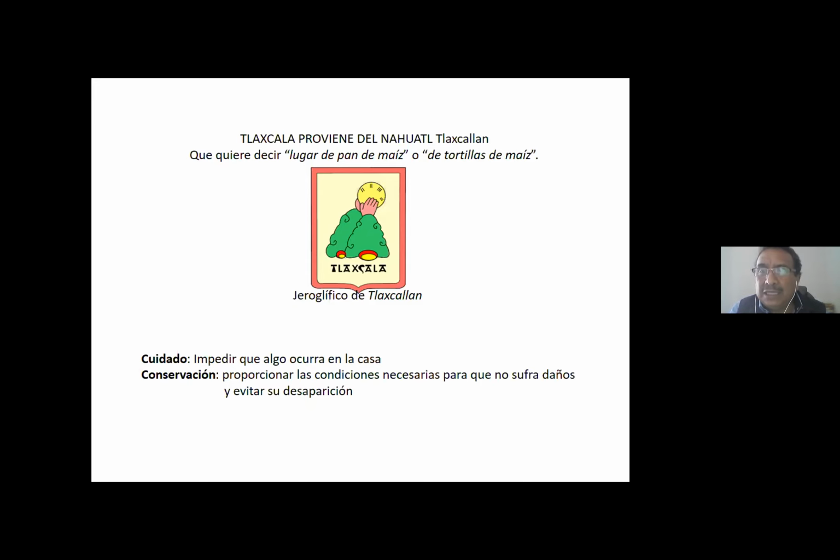I want to explain the meaning of the state of Tlaxcala, my community. Tlaxcala comes from the Nahuatl language, from the word Tlaxcalan, which means the place of the cornbread or the place of the corn tortillas.